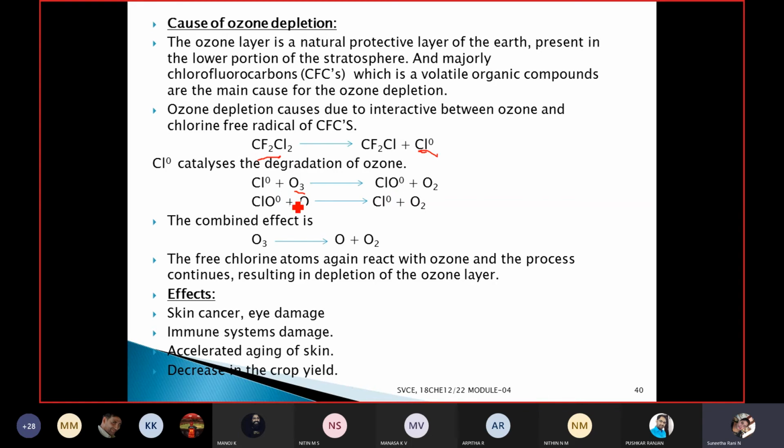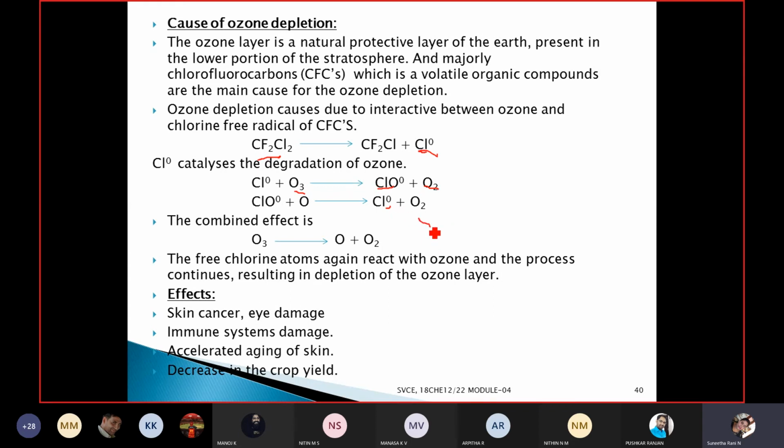Ozone gets depleted to give ClO free radical, and oxygen is liberated. This ClO free radical again reacts with oxygen to give Cl radical and oxygen.